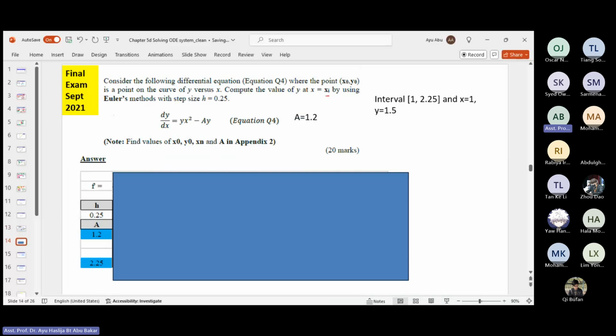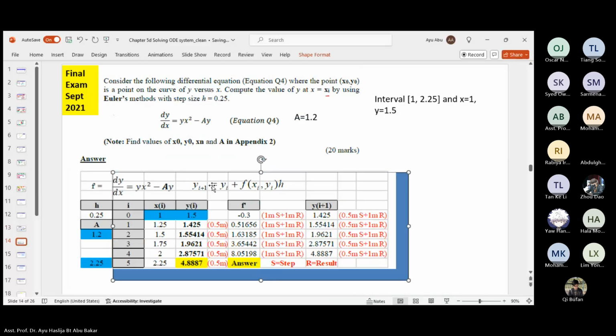Now we try this. This is the final exam, September 2021. It asks you to consider the following differential equation, which is given as this, where the point x naught, y naught is a point on the curve of y versus x. Compute the value of y at x equals x_i by using Euler's method with the step size of this.